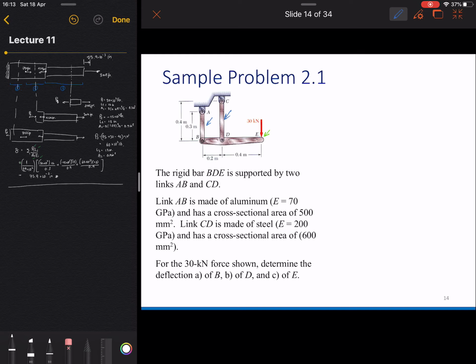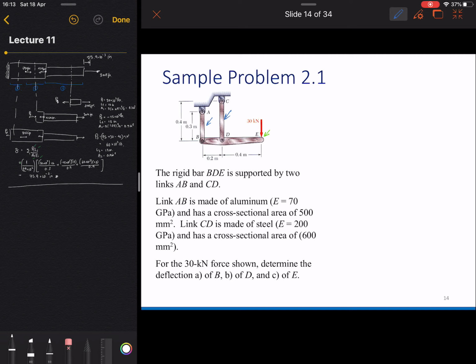And then for the 30 kilonewton force shown, determine the deflections of B, of D, and of E. What is deflection? Deflection is deformation actually.